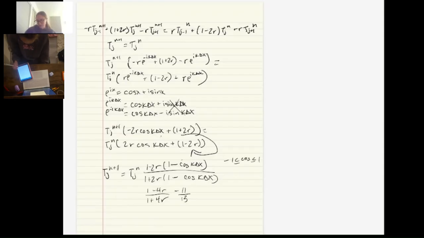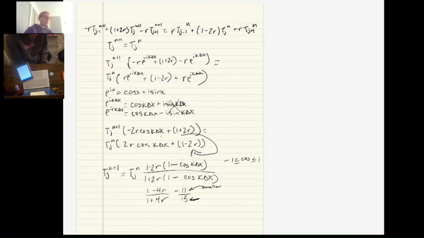This is telling us that this number will always be smaller than the denominator, and that helps us because we're not going to go to infinity.